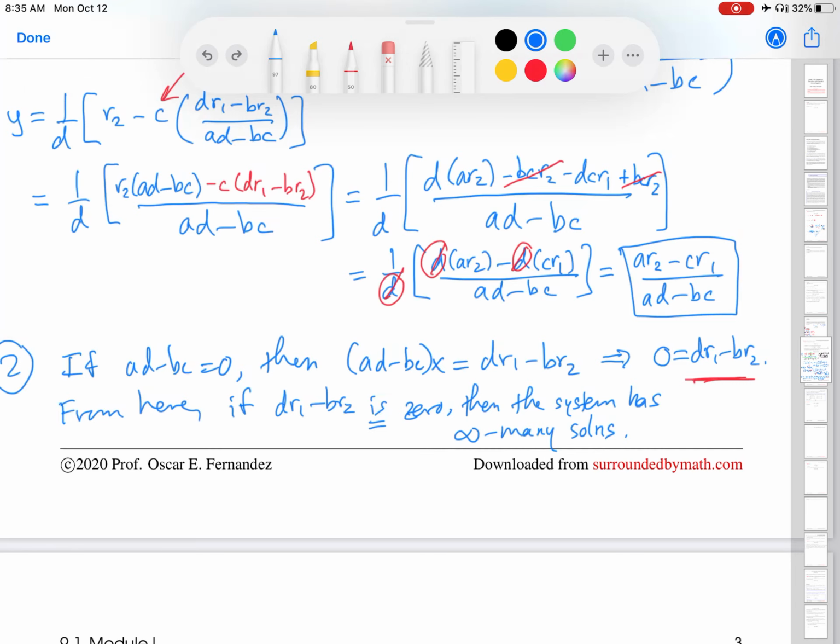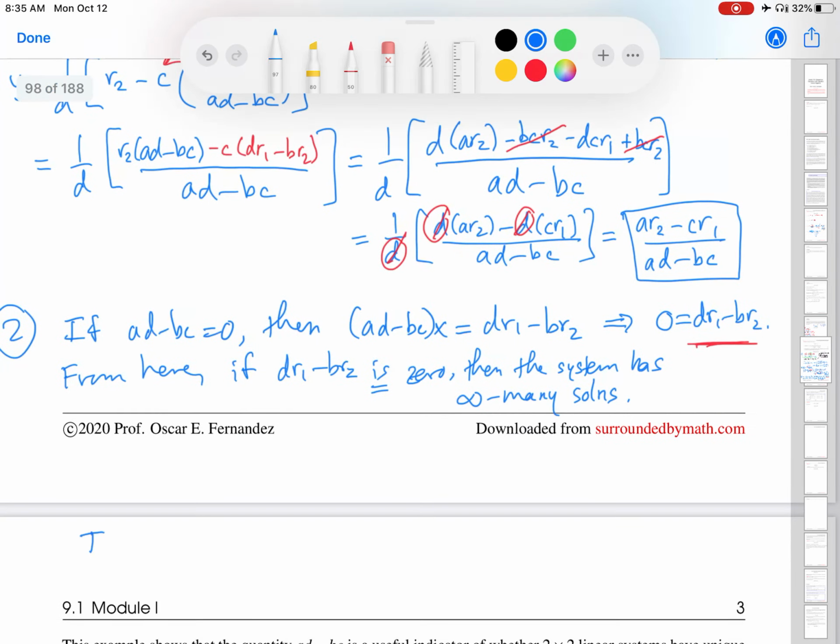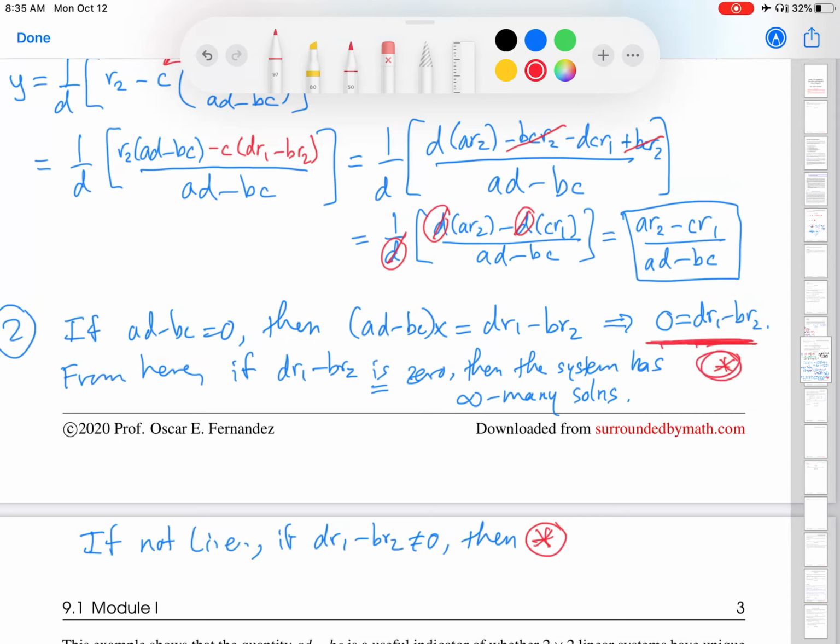So I will sort of write up here since I ran out of space. If not, i.e. if dr1 minus br2 is not 0, then I'm going to say star, which is this whole condition above, star, is violated.